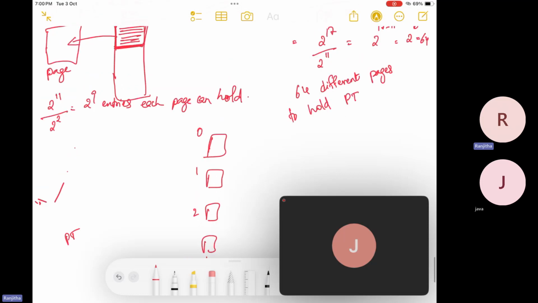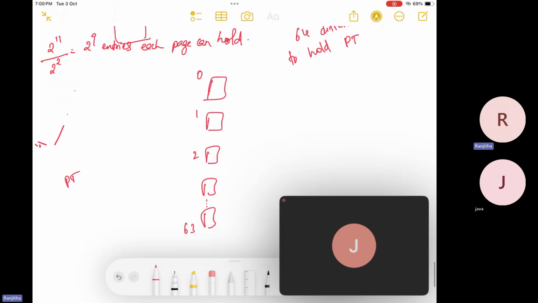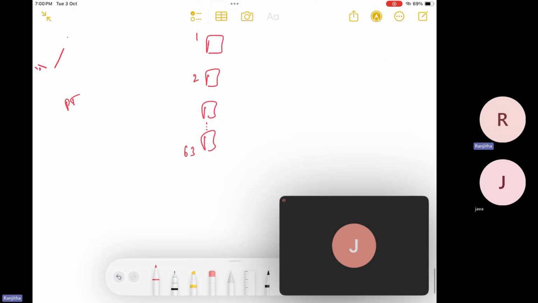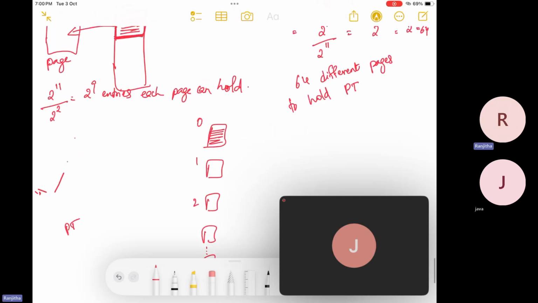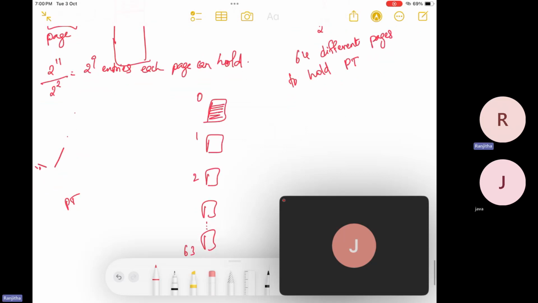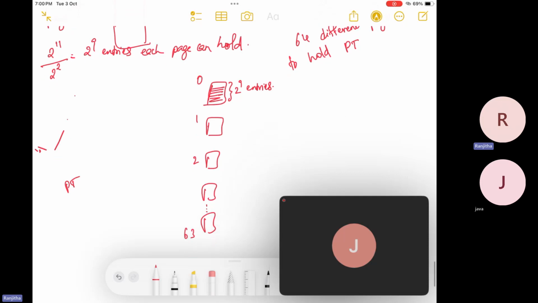We need 6 bits to identify these 64 different pages. And then within each page, we have 2 power 9 entries.